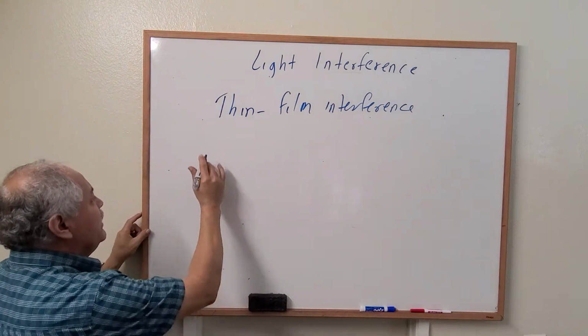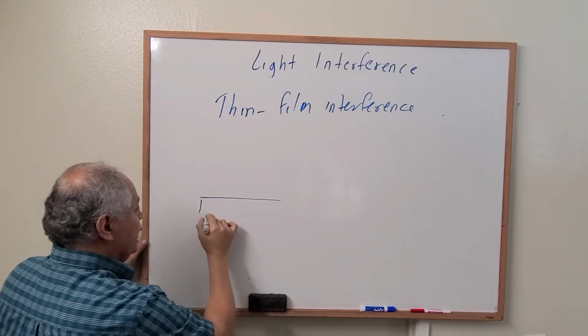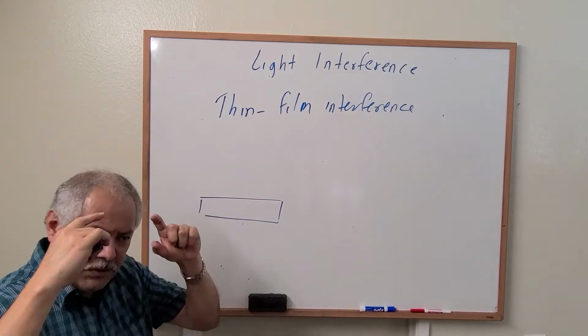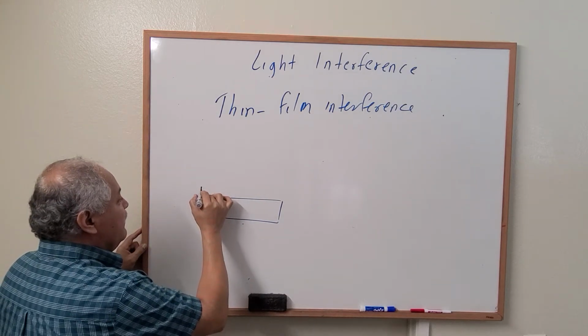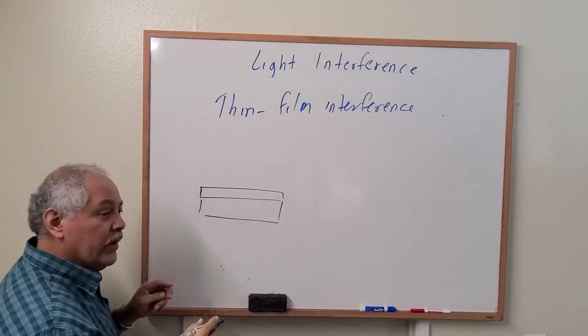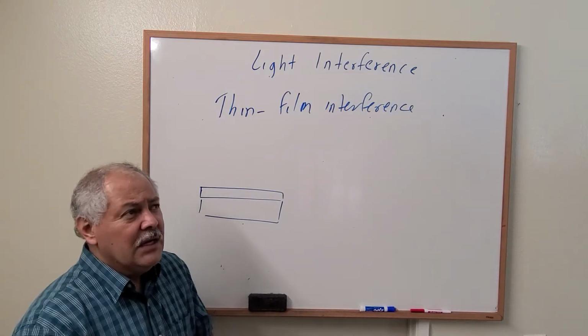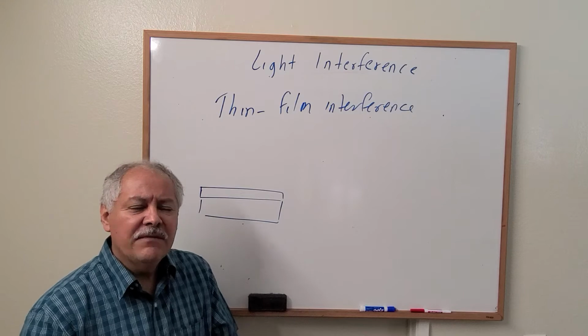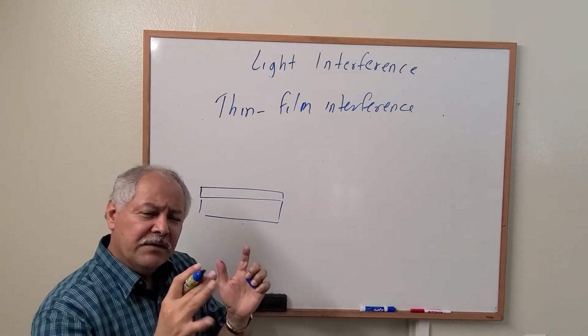For example, imagine that we have a glass, like when you're wearing your glasses, and we have a film used to cover the glass. It could have different functions. Maybe it reflects the light, or partially reflects it, and so on.